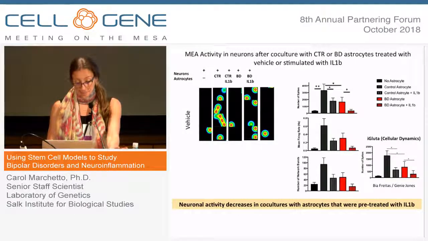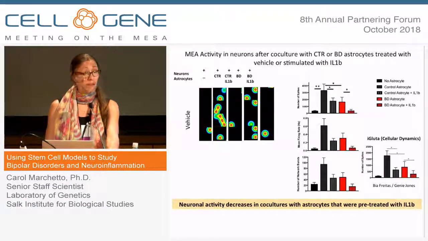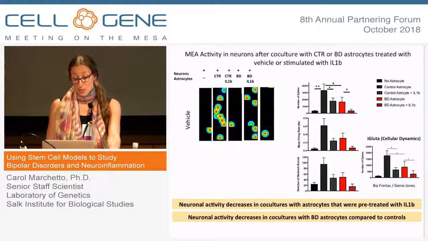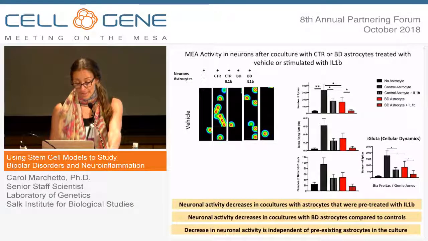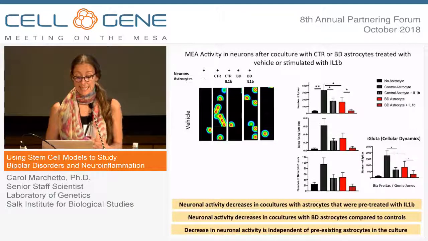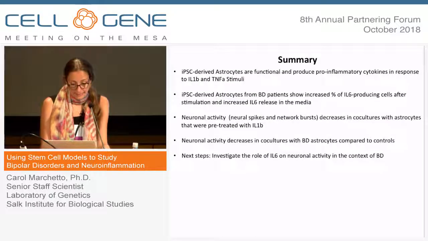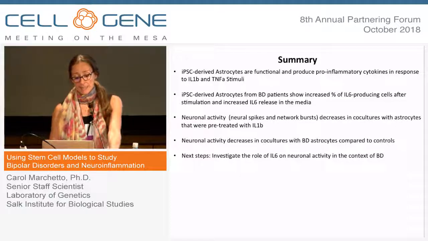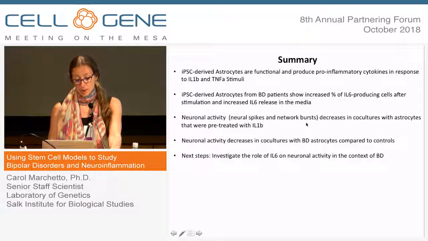So to conclude, neuron activity decreases in co-cultures with astrocytes that were pre-treated with IL-1 beta. Neuron activity decreases in co-cultures with bipolar astrocytes compared to controls. And the decrease in neuron activity is independent of pre-existing astrocytes in culture that might carry over. I already discussed the summary over my talk.